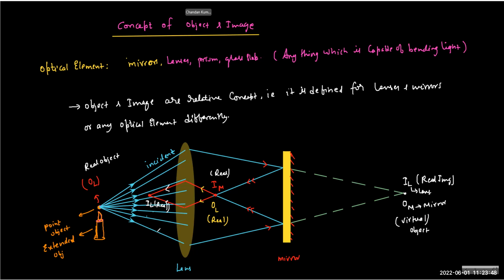So you can see the whole gamut of object and image. We never talked about the physical object. Of course we need some source of light, but the perception of image depends on the light, not on the reality.